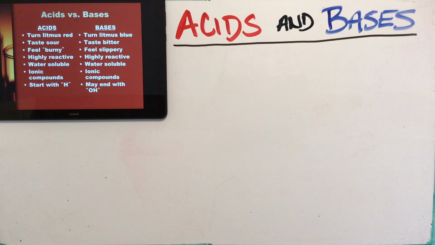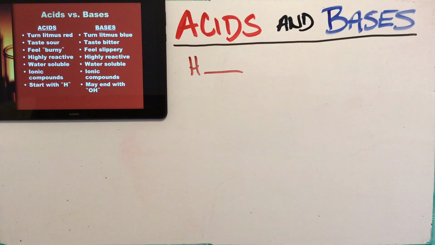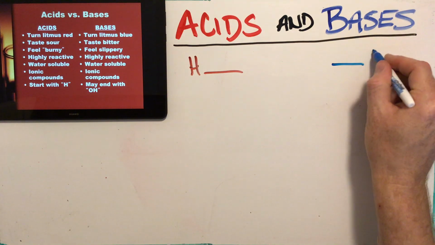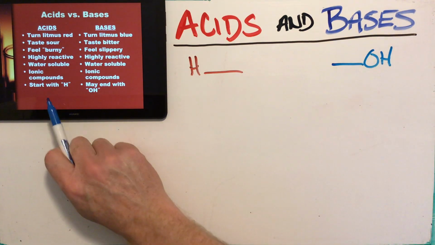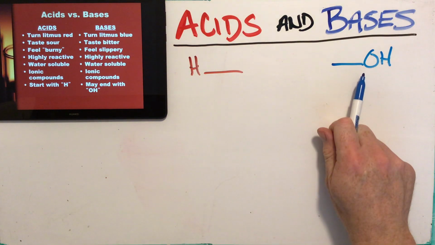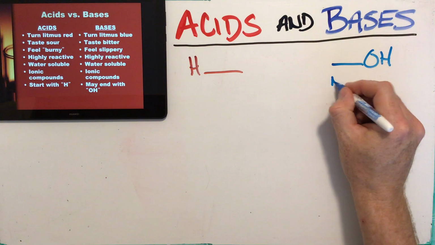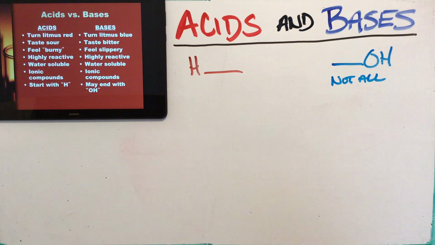So a lot of our acids start with H, so it's H something. And bases in the lab tend to end in OH, but not all of them. Acids begin with H. Bases may end with OH, so not all. I'll put that in there as a little reminder. All right? And all acids definitely have the hydrogen.